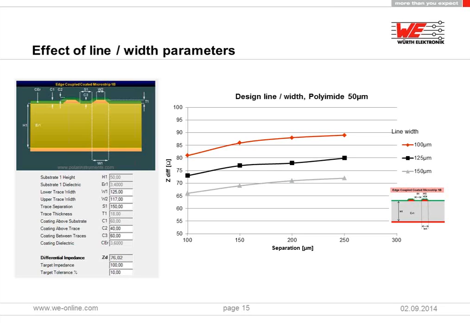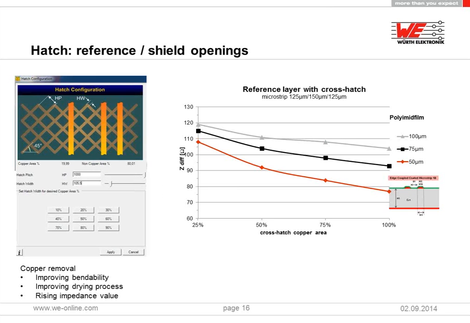And on the x-axis we can see different crosshatch areas of the copper. On the right side 100%, that means fully copper. On the left side 25% of copper area. And we can see that we can find really high values also for 50 micron polyimide thickness if we use the hedge function.